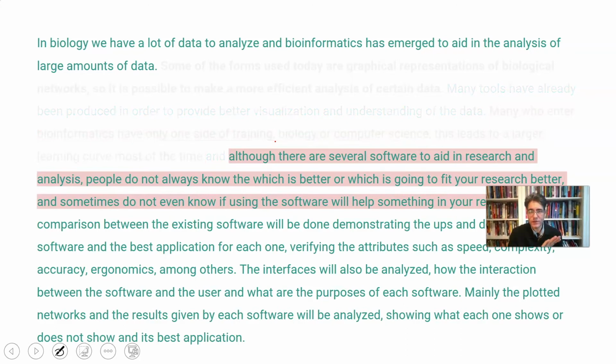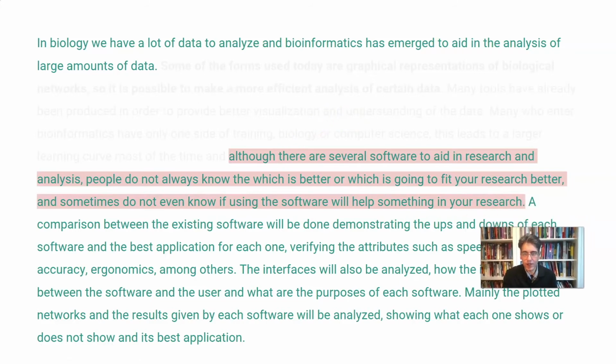And if you take that out completely and you start from the top again, in biology we have a lot of data to analyze, and bioinformatics has emerged to aid in the analysis of large amounts of data. Although there are several software packages to aid in research and analysis, people do not always know which is better or which is going to fit the research better, and sometimes do not even know if using the software will help something in the research.